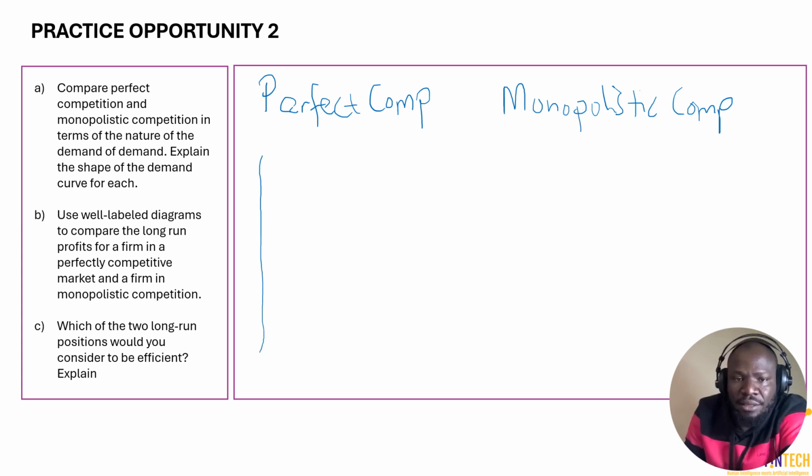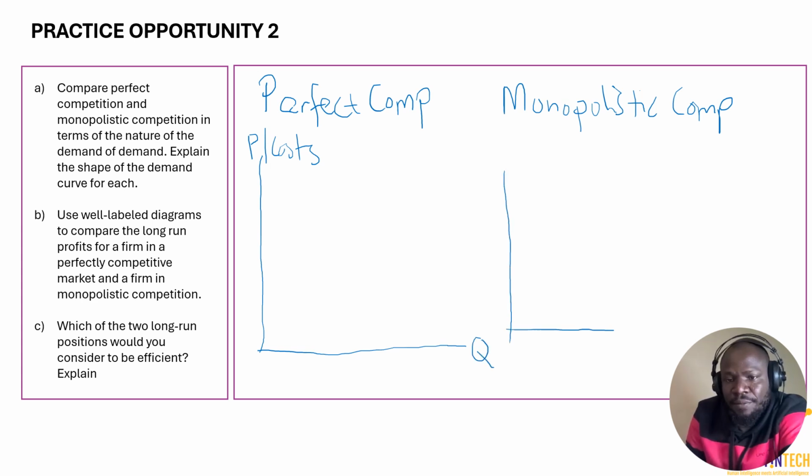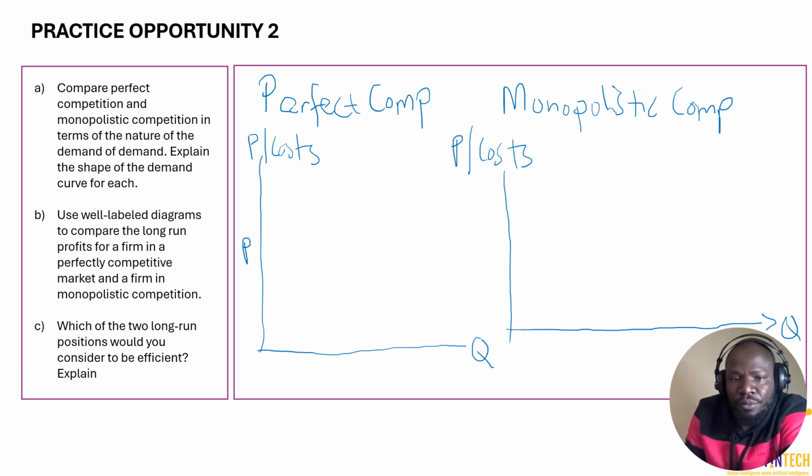The y-axis, the vertical one, is always the price and the costs. And this is output. Monopolistic competition is going to be like this. The output here, the price and the costs. The demand curve for a firm in a perfectly competitive market is going to look like this.